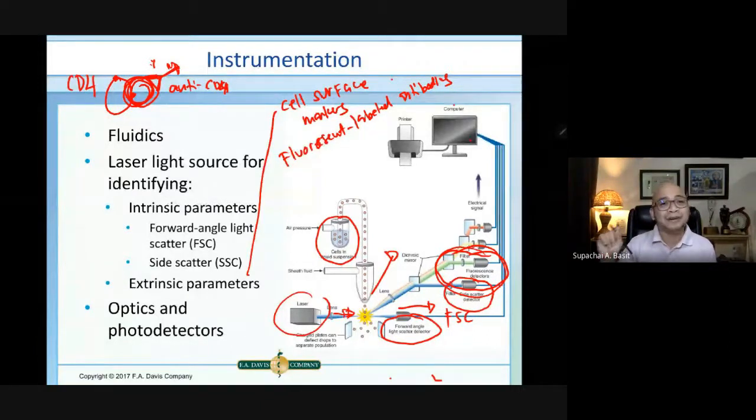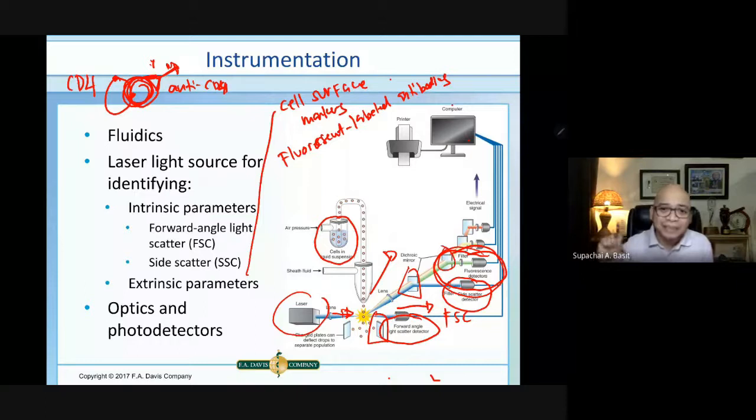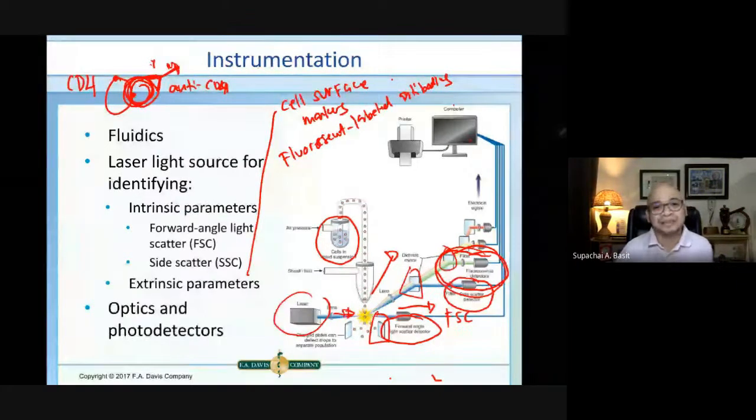And even before the light goes to the detectors, there are also filters, so that it will concentrate the light on the detectors. So these are the components of a flow cytometer.